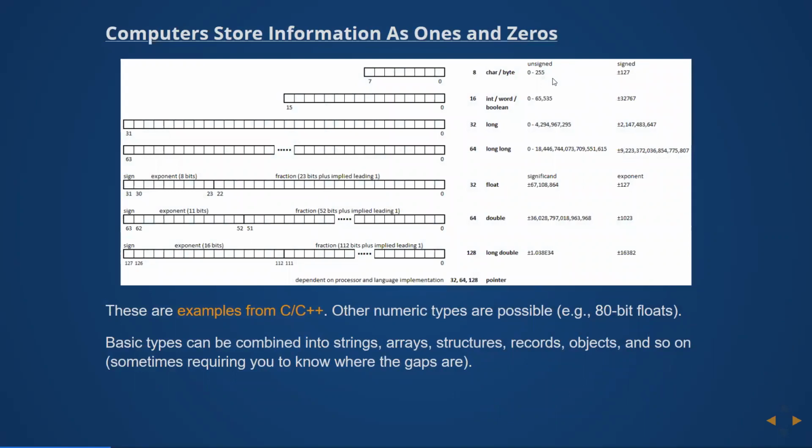So, you know that computers store information as ones and zeros, and there might be a lot of different ways it does it. There can be many numerical types, there are logical types, character types, and they can be put together into different structures: arrays, strings, records, objects, and so on.